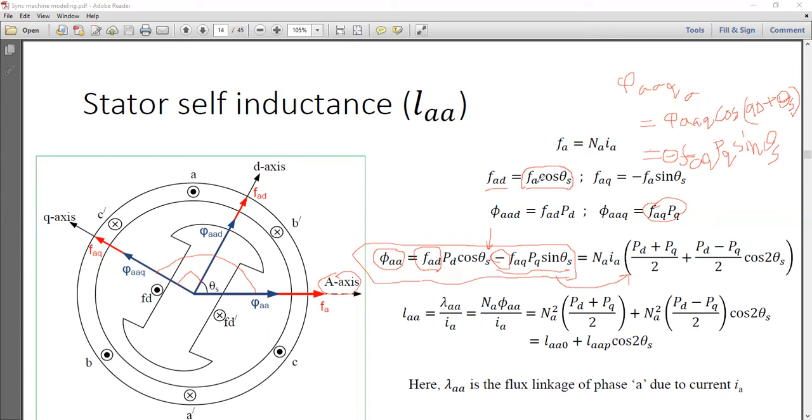What is FA again? FA is NAIA. So this is the NAIA after replacing everything. And you are left with cosine theta s, PD cosine theta s. So that will give you PD cosine square theta s multiplied by NAIA.